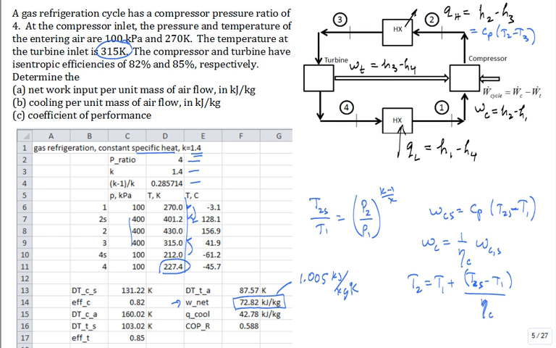Here's the cooling. Take a look at that coefficient of performance, about 0.6. Gas refrigeration typically has a lower coefficient of performance than vapor compression. How many people think they have a gas refrigeration system in their home or in their automobile for their air conditioning, or in their refrigerator, freezer in their kitchen? Nobody does. They're all vapor compression, right?